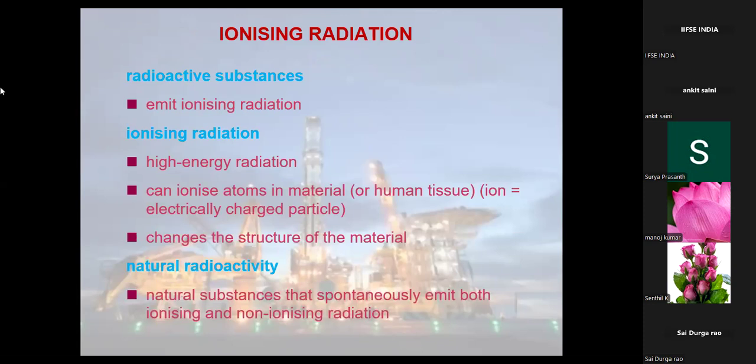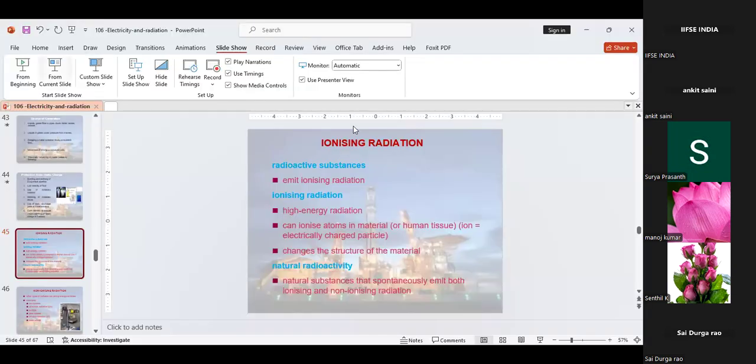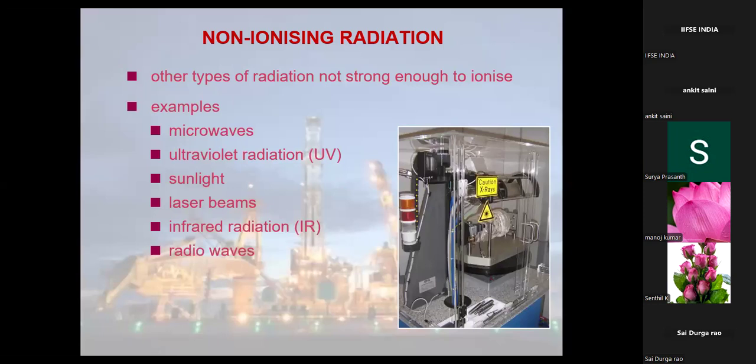Now, ionizing radiation. Here there are two types of radiation. One is very strong and the other may not be. Can anyone guess what these two types of radiation can be?